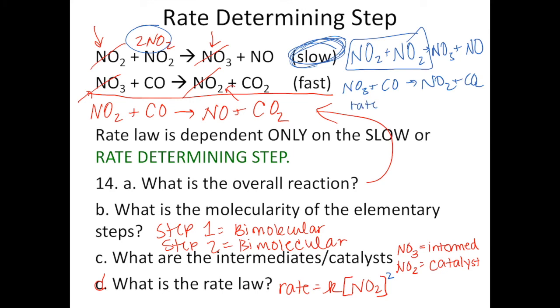Your rate law would then be rate equals K NO3 to the first power because there's only one of them, and CO to the first power because there's only one of them. Let's say this was your equation. That goes there. Okay? So your stoichiometry can be your order of just the slow step to determine your rate law.